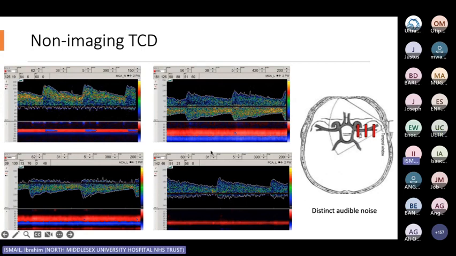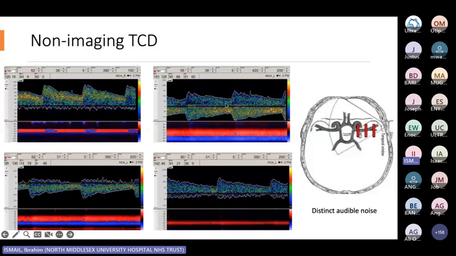Again, these are images from my clinic. You can definitely see that the middle cerebral artery has its distinct waveform. And once you get down to the bifurcation area, you can see that there is a waveform above and below.